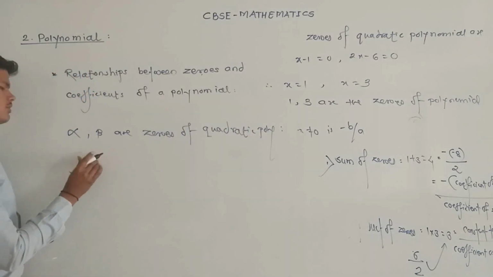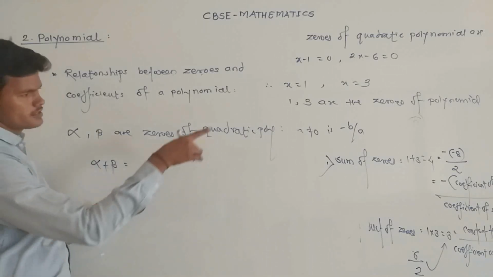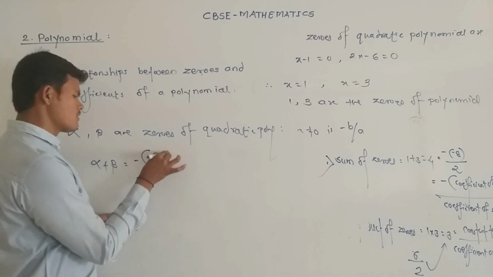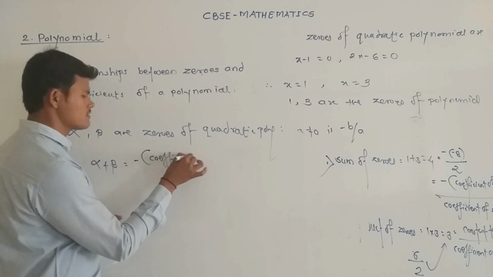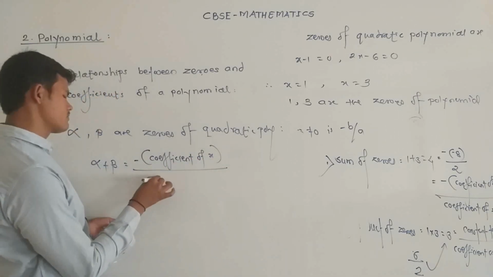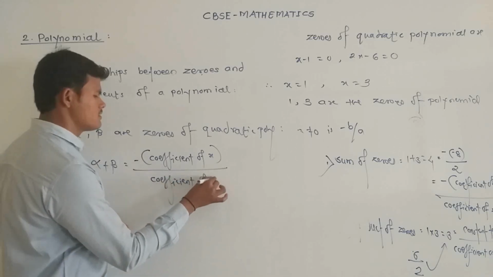So the sum of zeros, that is alpha plus beta, is minus of the coefficient of x divided by the coefficient of x square.